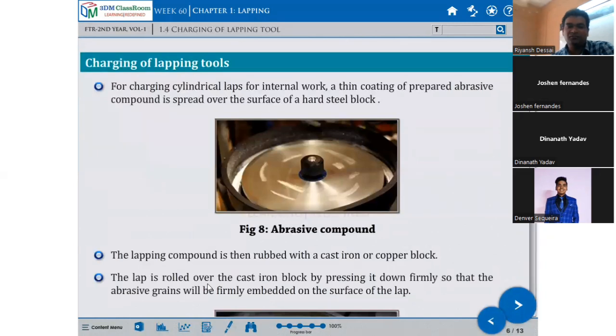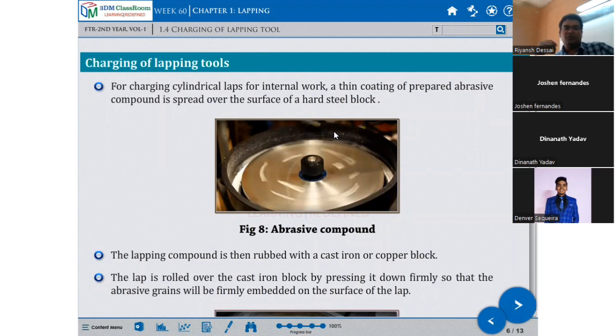Charging of lapping tools. You can see here: for charging a cylindrical lap for internal work, a thin coating of prepared abrasive compound is spread over the surface of the hard steel block.